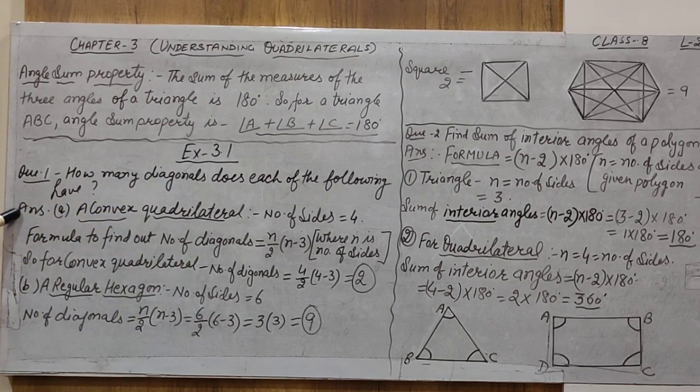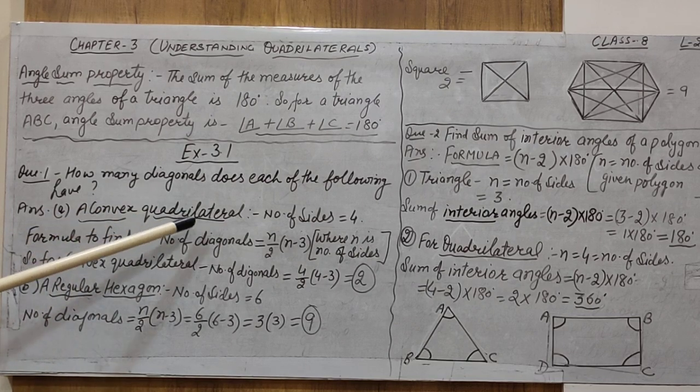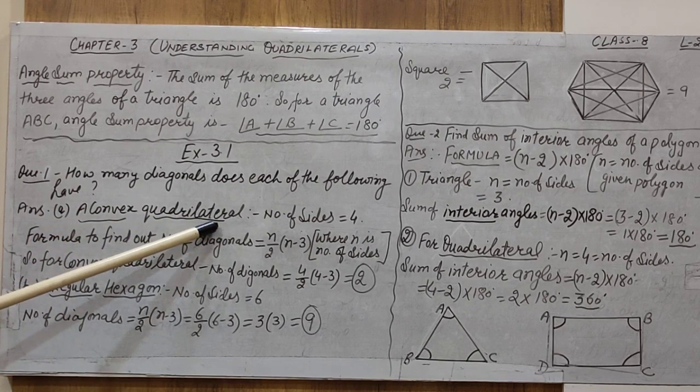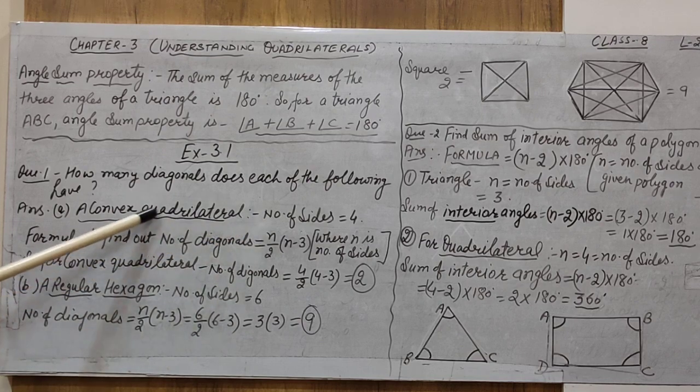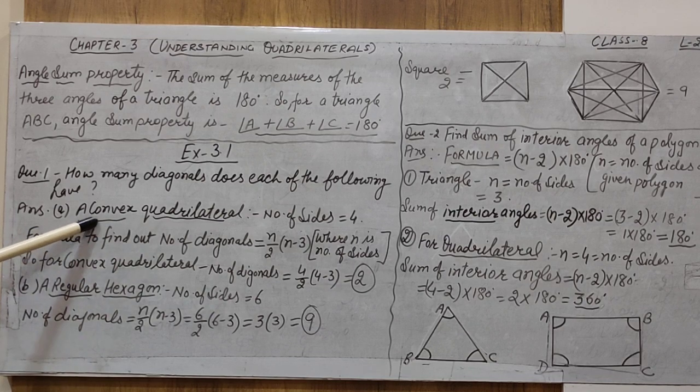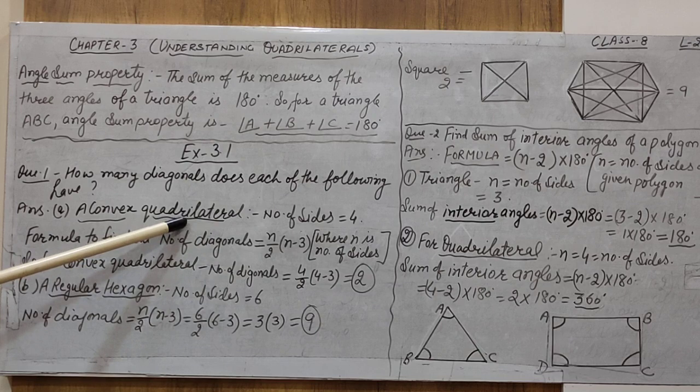So, for the answer, the first case we discuss is a convex quadrilateral. For example, square, rectangle, rhombus, trapezium, etc. are all quadrilaterals and all are convex quadrilaterals because the diagonals of all these quadrilaterals are in the interior of the figure.